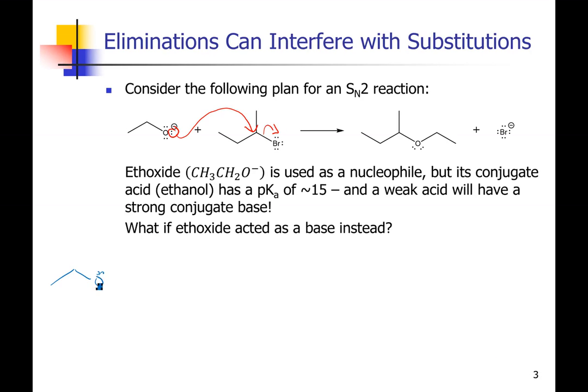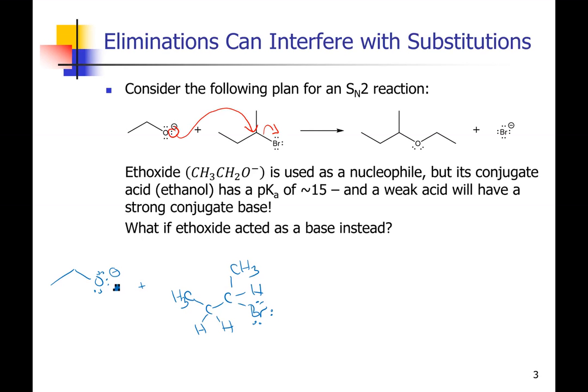So we still have our ethoxide here, and we still have our 2-bromobutane, and I'm just going to draw out all the atoms in it so that we can see what's going on. Don't forget the lone pairs on the bromine atom.